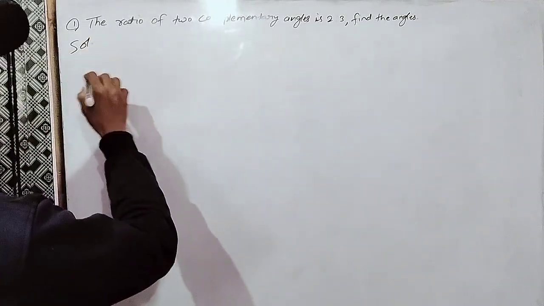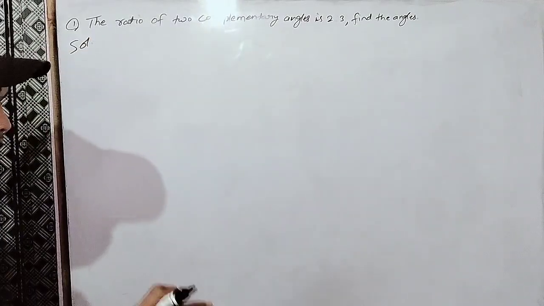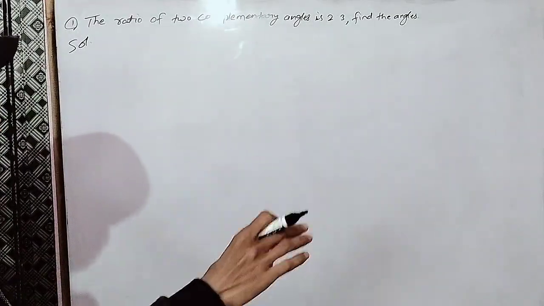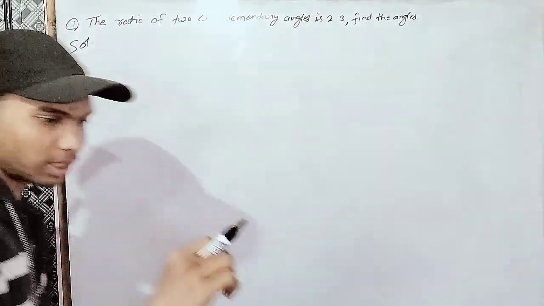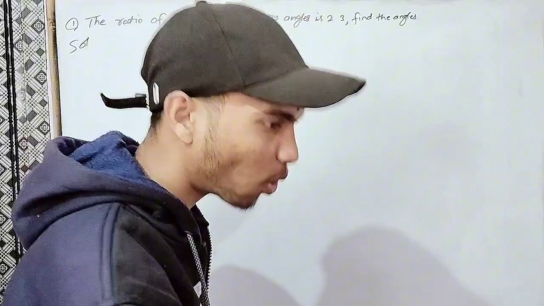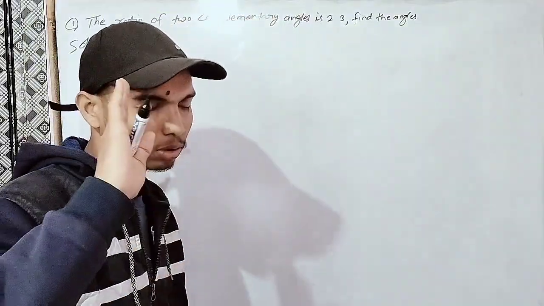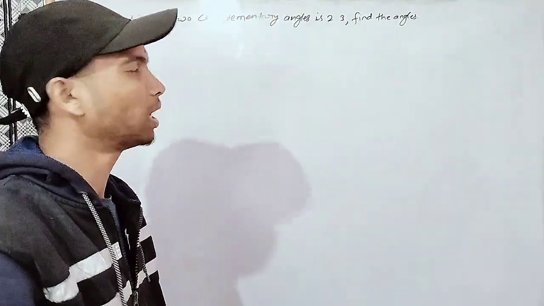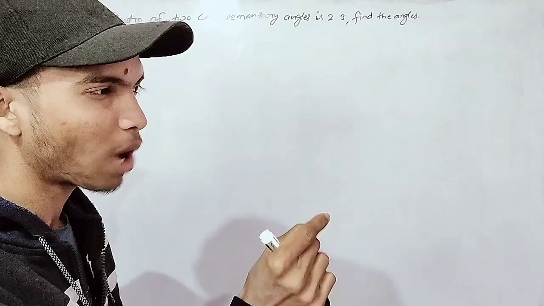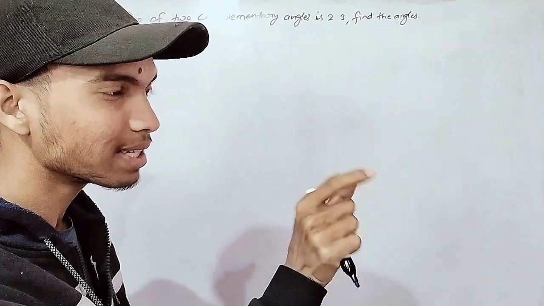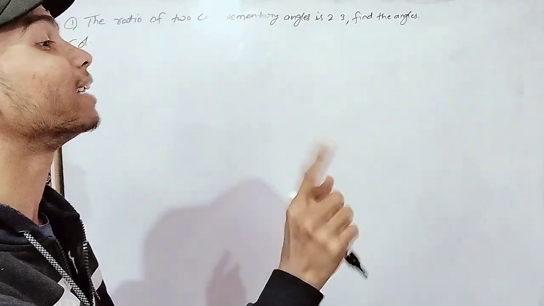Let's solve. Remember, the question is saying complementary, so in your mind, the sum of angles should be 90.